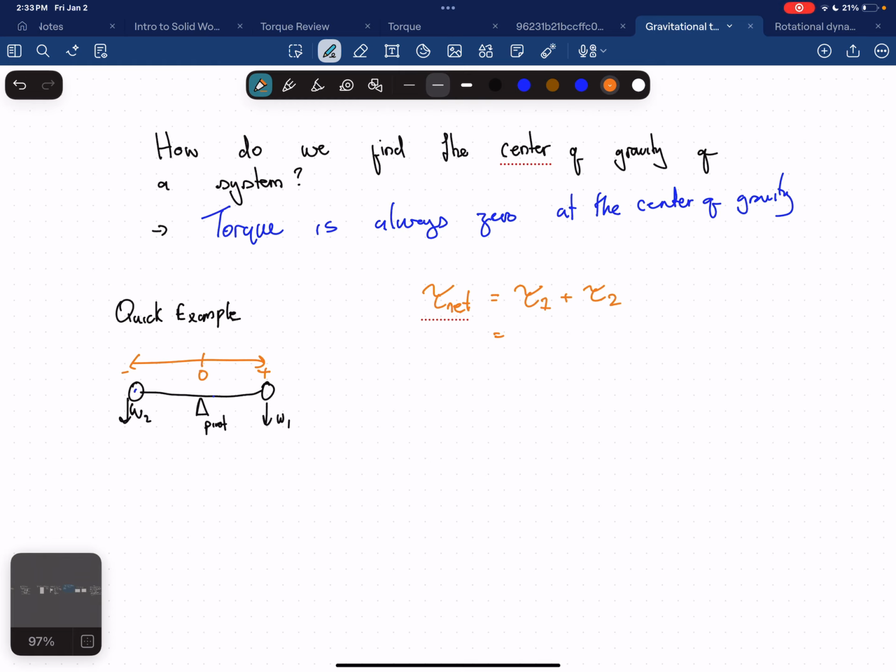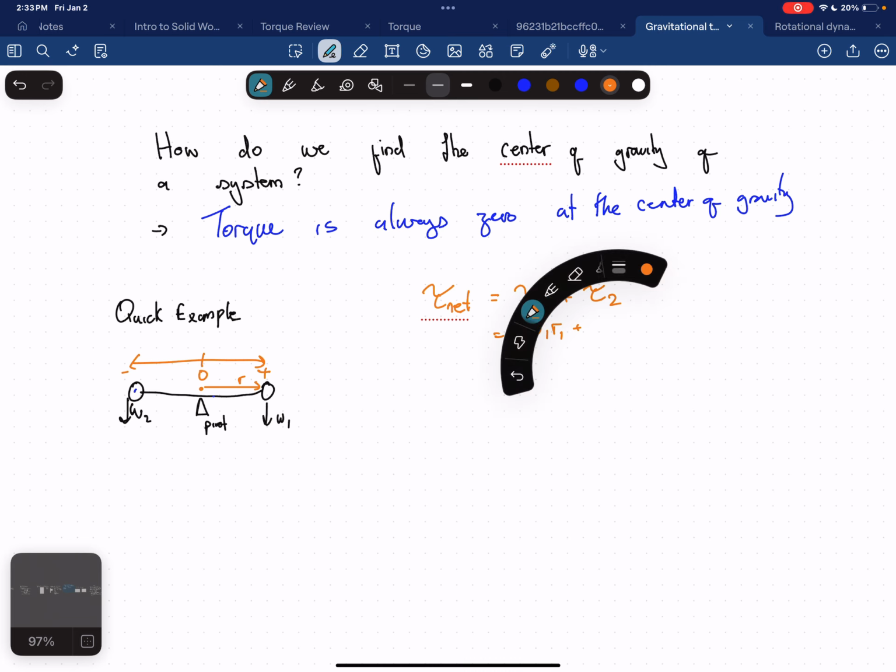So my torque 1 in this case will be omega 1. Look, omega 1, or weight 1 rather, is trying to take my system in the clockwise direction. So it has to be negative. And my R1, the distance from the pivot to omega 1, is positive. So it's going to be R1. All right? And my torque 2.